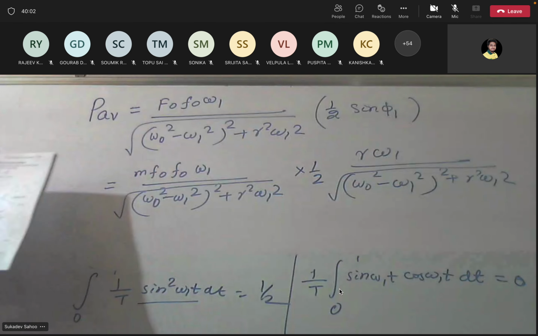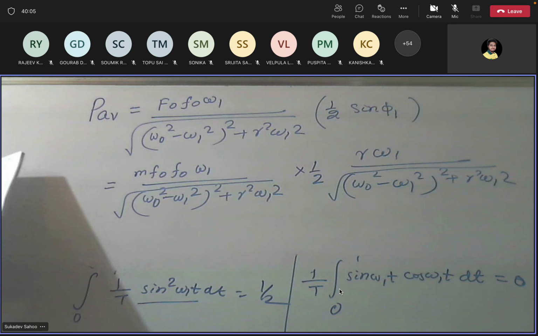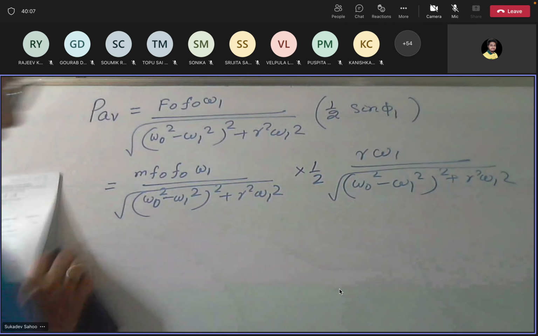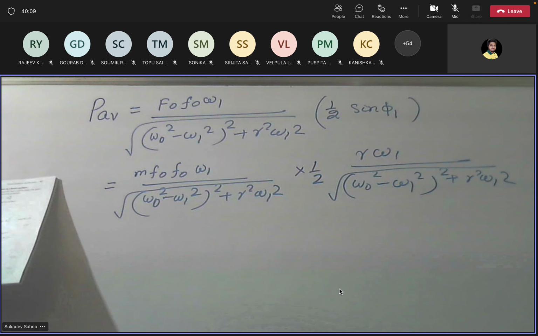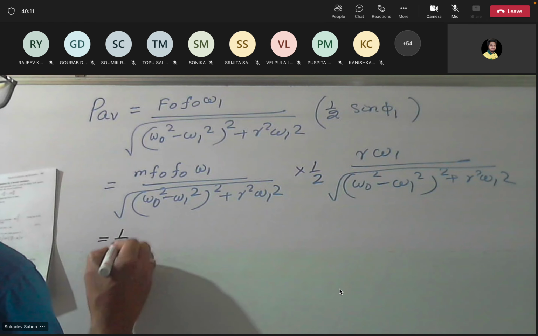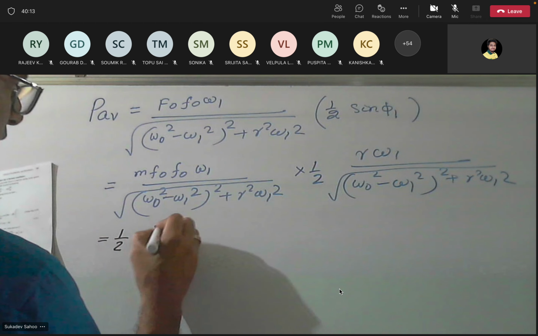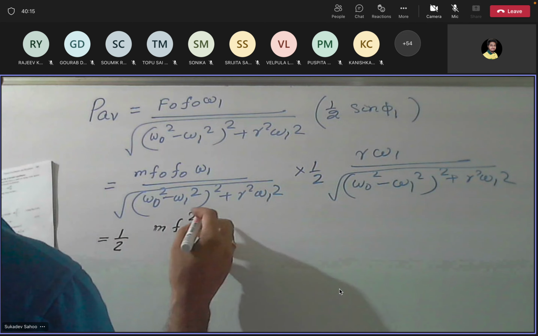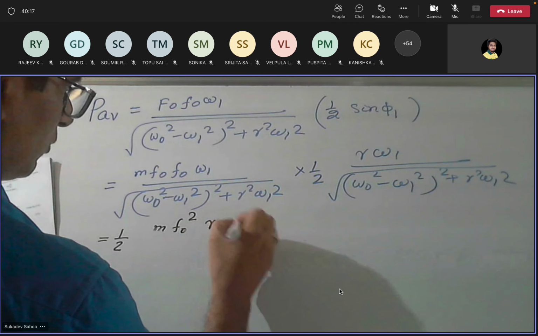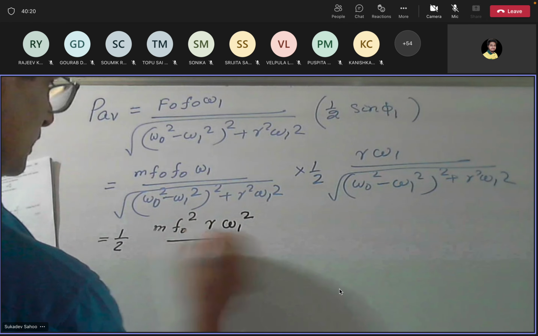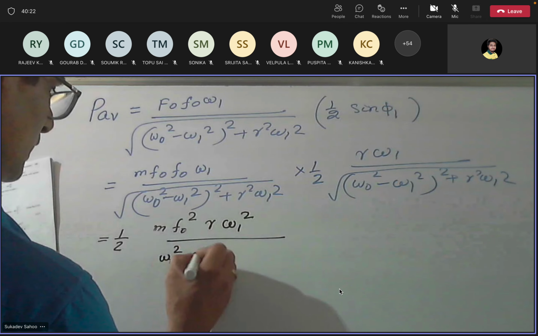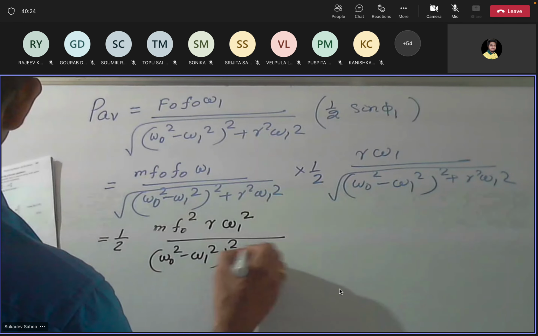This is the one. Then we can get this value as half m F0 square gamma omega 1 square divided by omega 0 square minus omega 1 square.